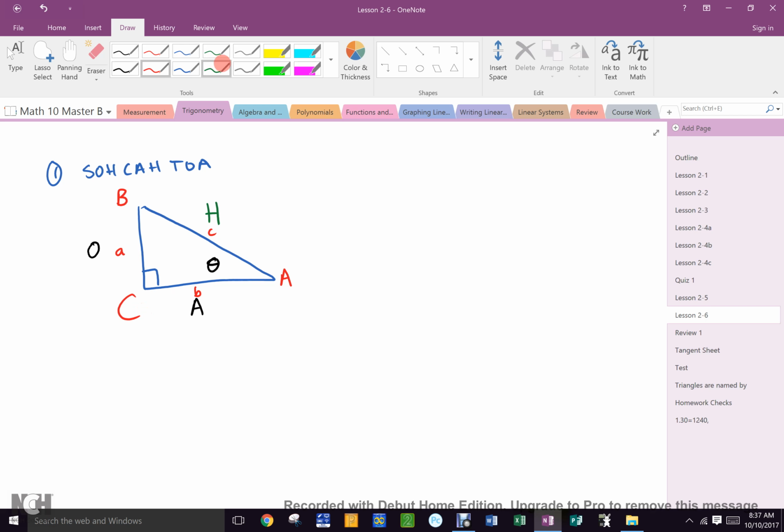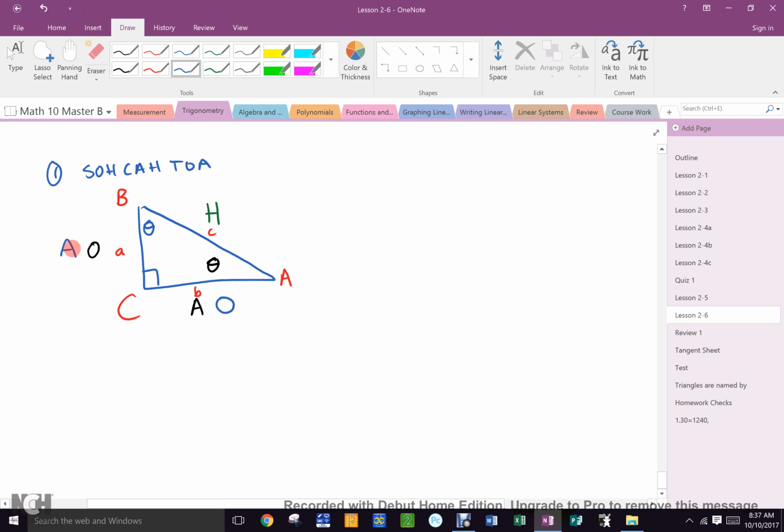Maybe this will help. I'm going to use blue to write this theta. If this is a blue theta, then what's this? Opposite. Opposite in blue. What is this then? Adjacent.